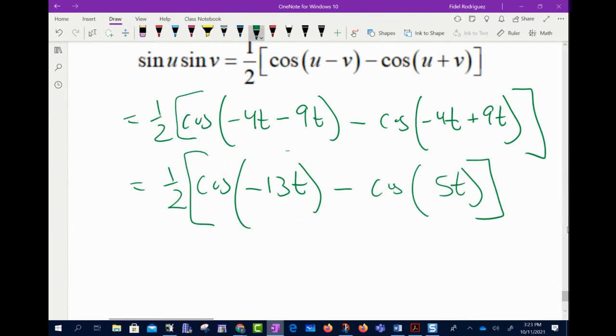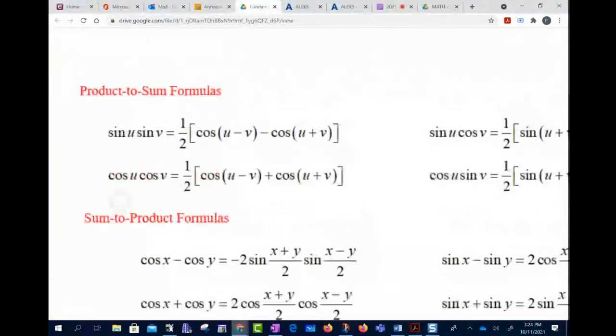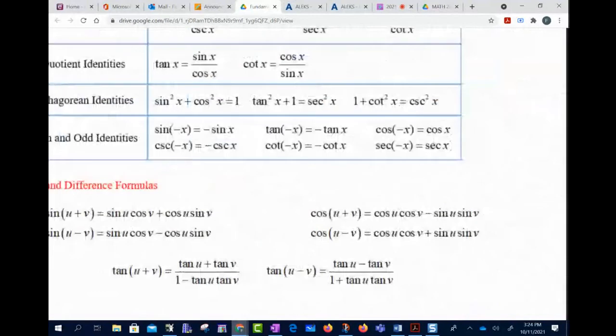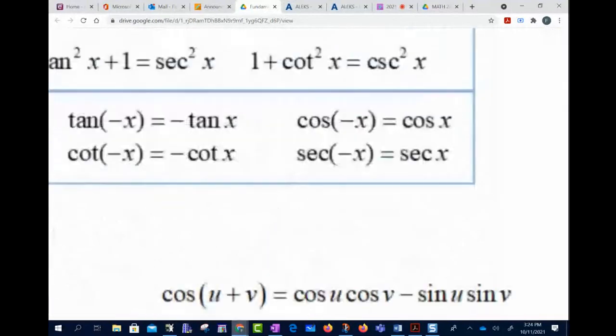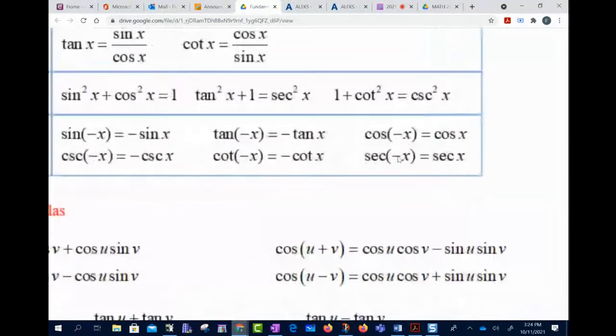If I was going to go further, the only other thing that I would do would be this. And so, hold on real quick. This part right here, y'all, I'm just going to zoom back to my formula sheet. Here we go. Let me come back to my formulas. Yeah, this one where I had the even and odd, where it says the cosine of my negative angle is the cosine of an angle.